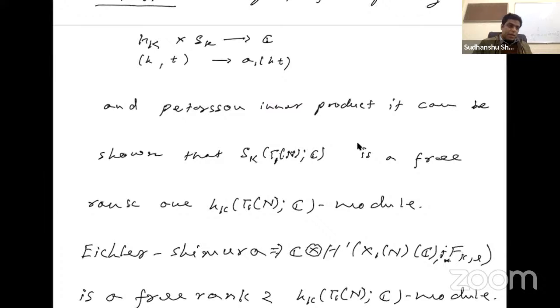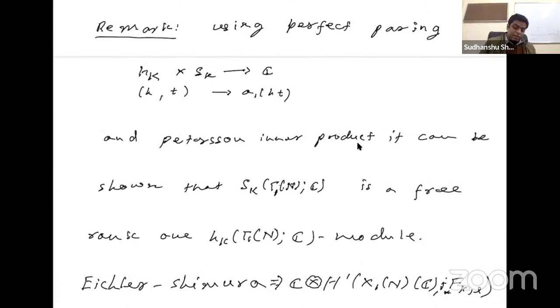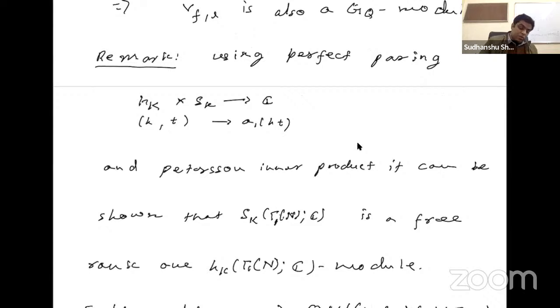For seeing why it is of dimension 2, or degree 2, there are two things one needs to use. One is the Petersson inner product itself. Using that, it can be shown that this SK gamma 1 and C is dual to itself. Another thing one needs to use is this pairing, this HK. I have not given you the full notation, but this is the Hecke algebra, happening over Z actually, and this space of cusp forms.